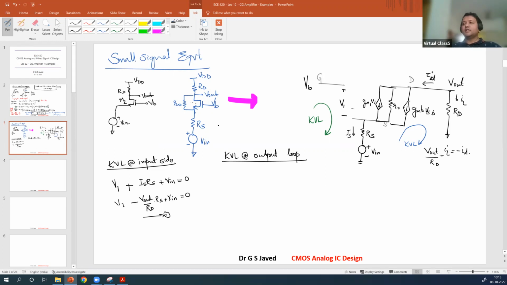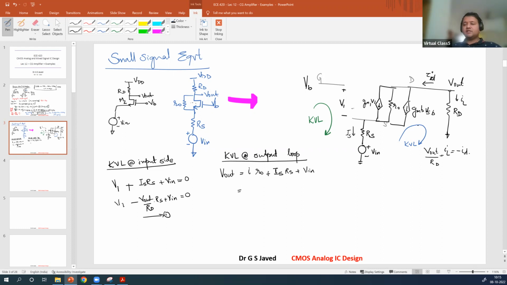So we can just write that. V out is equal to I R out plus ISRS plus V in. So let us now write I.